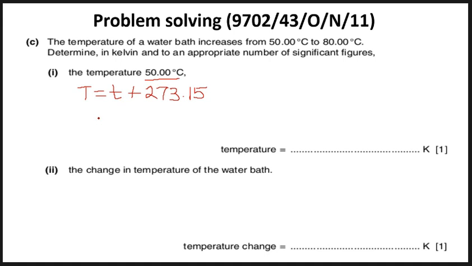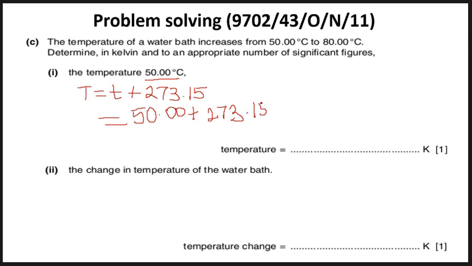So if I do the substitution, obviously I will be having 50.00 degrees Celsius plus 273.15.